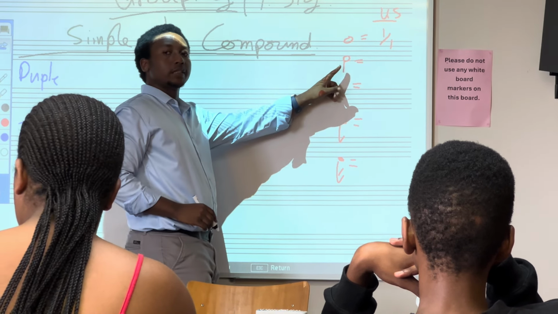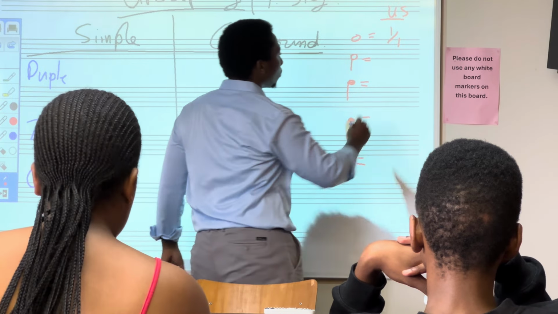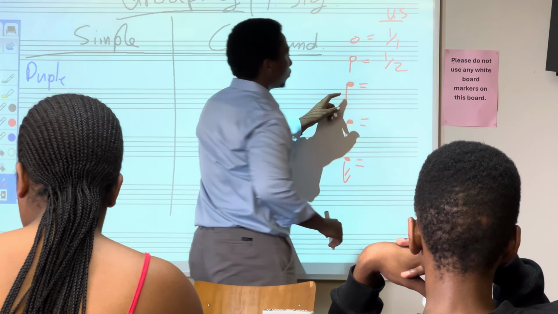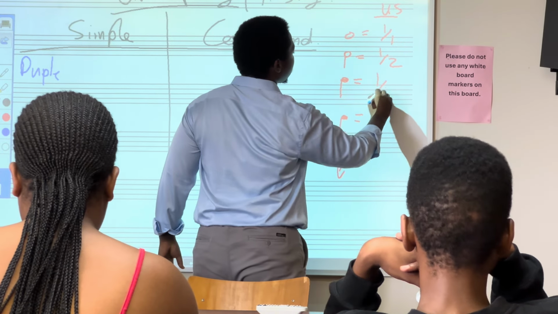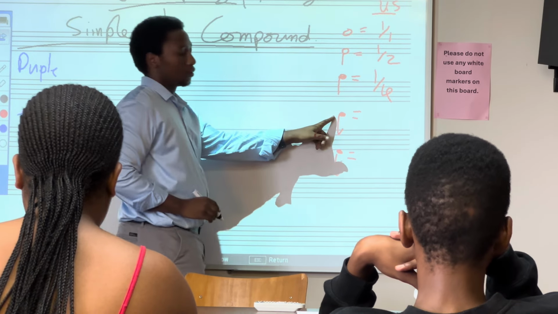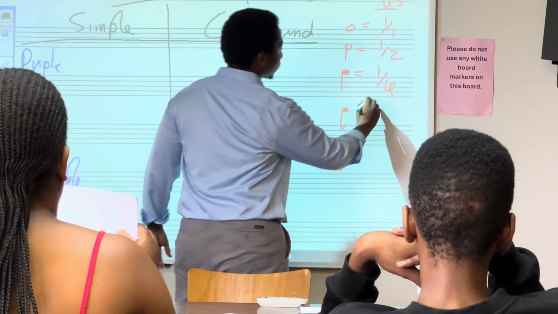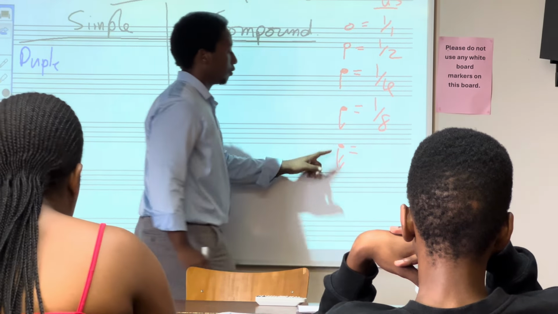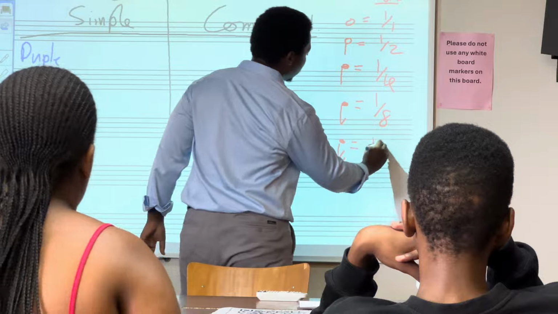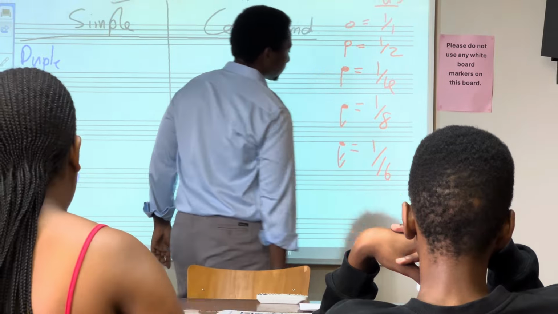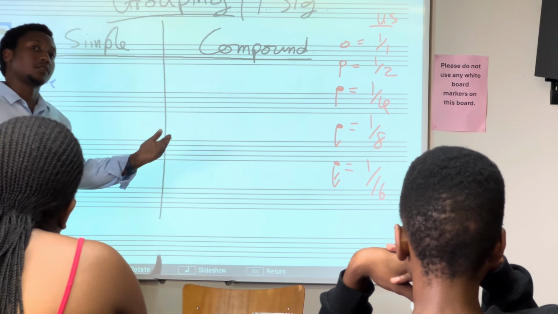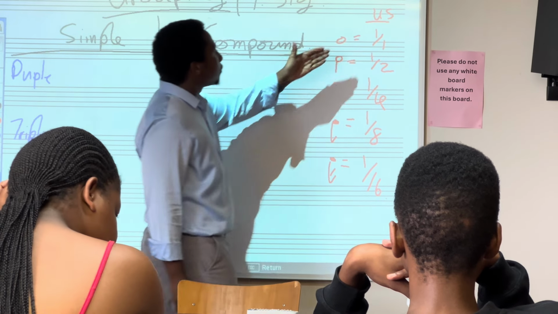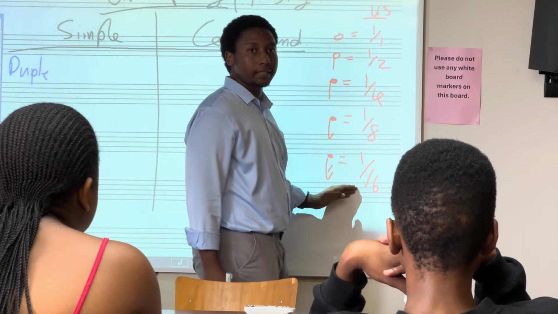Rather than calling this a minim, we call it a half note, 1/2. Crotchet, we call it a quarter note. Quaver, 8th note. Semiquaver, 16th. Remember, this is the US version rather than the UK version. US gives it a name that is mathematical.